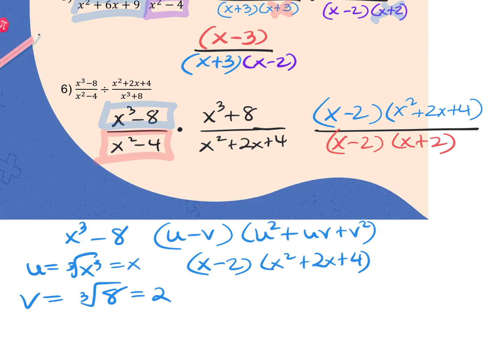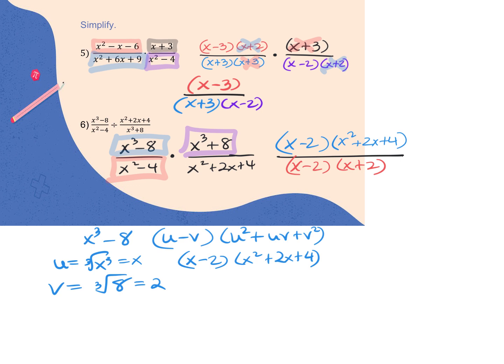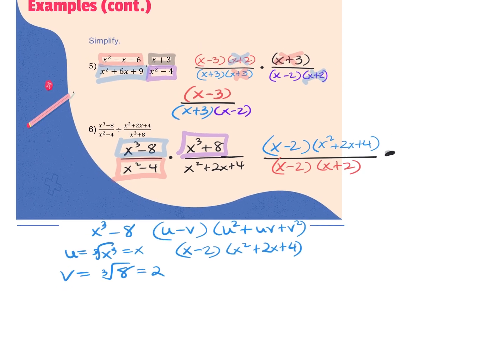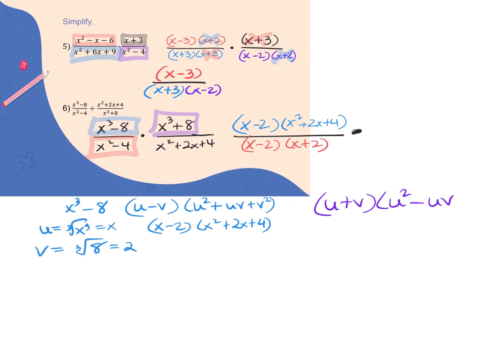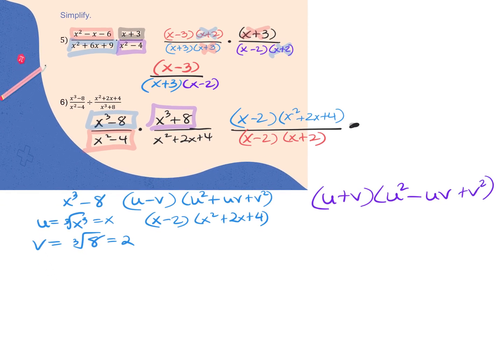The numerator, the sum of two perfect cubes. So again, same SOAP pattern. However, the signs are going to be different because it's an addition. So for this one, the pattern will be u plus v, still u squared, opposite sign, uv plus v squared.